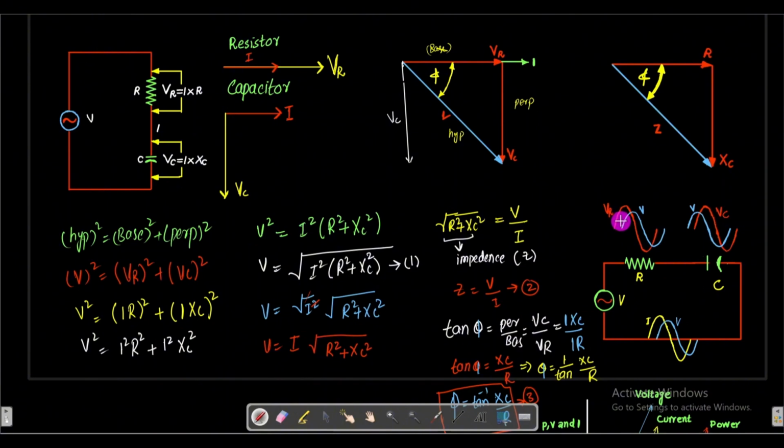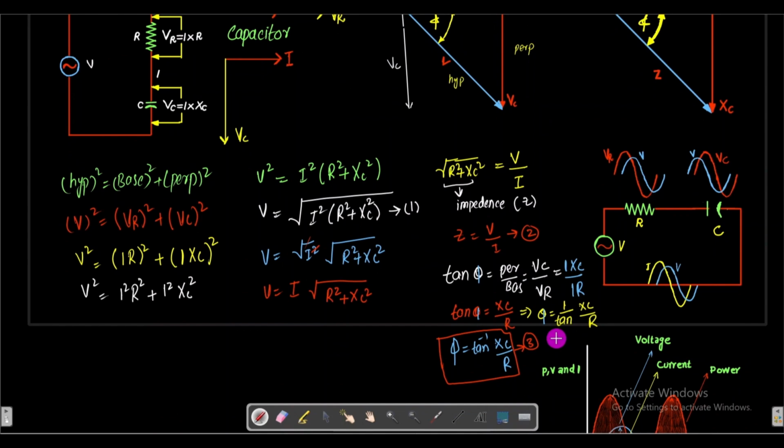By which angle does it lag? For that we have to find the phi. So we find the expression for that phi, which is equal to tan inverse XC by R. We know the value of XC, and we know the value of R, which is actually the resistance.